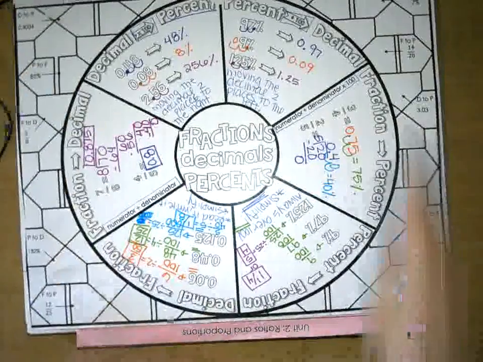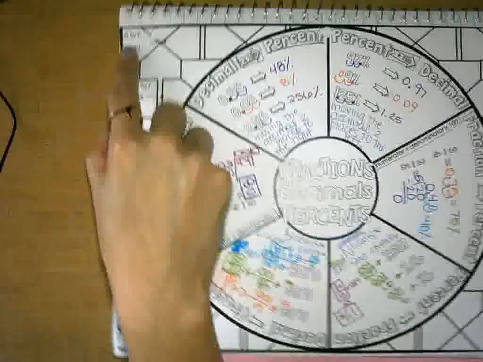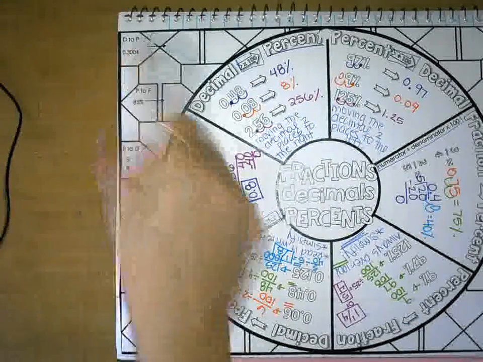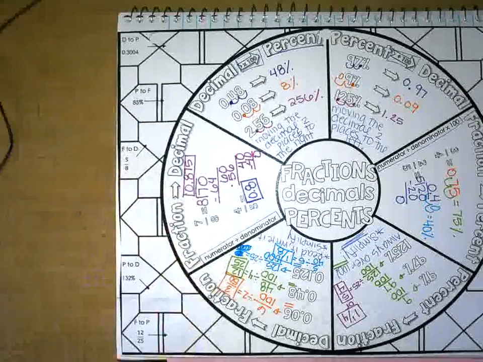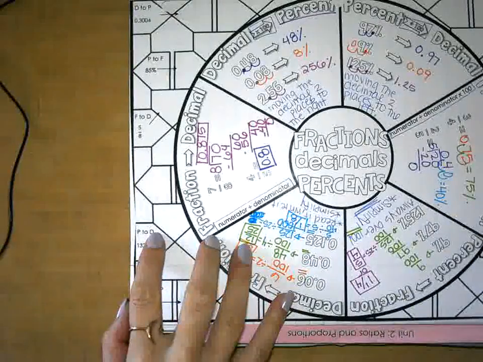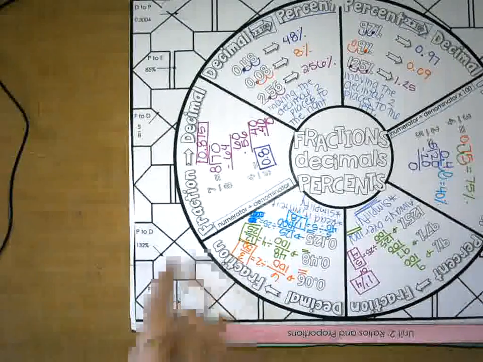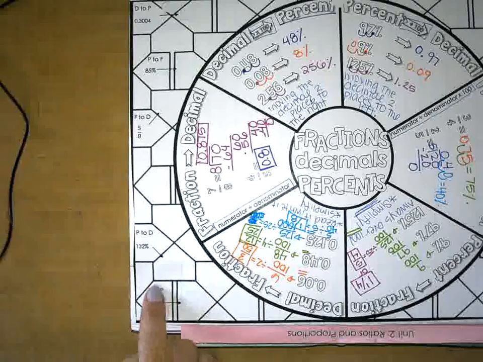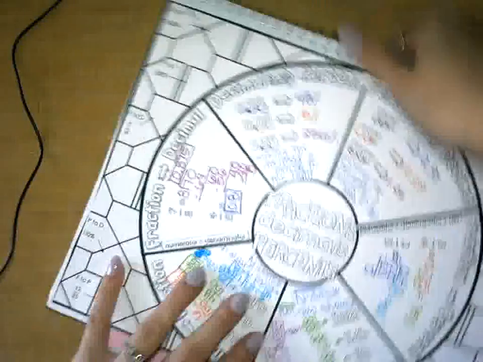And then for homework, you need to finish all the ones around the side. There are 10 problems. If it says D to P, decimal to percent. P to F, percent to fraction. F to D, fraction to decimal. P to D, percent to decimal. F to P, fraction to percent. Show your work right here. Give me the answer right here. Make sure you fill that out so we can go over it in class tomorrow.